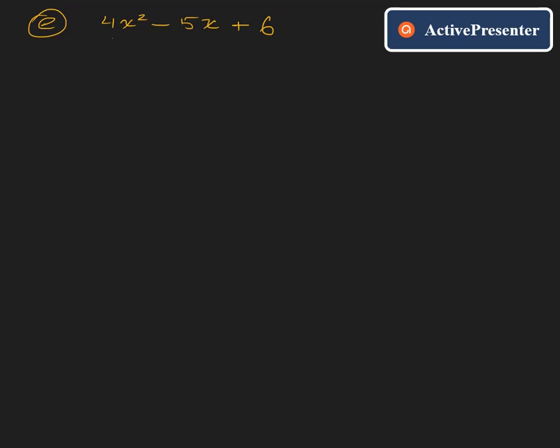Question E, 4x squared minus 5x plus 6. We want to check if this trinomial is factorable over integers or not using the factorization theorem. We would like to check whether b squared minus 4ac is a perfect square. So the solution, a here is 4, b here is minus 5, c here is 6.